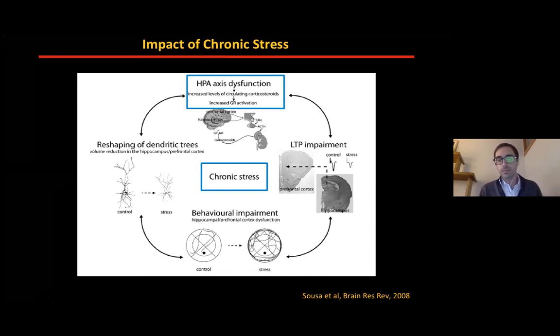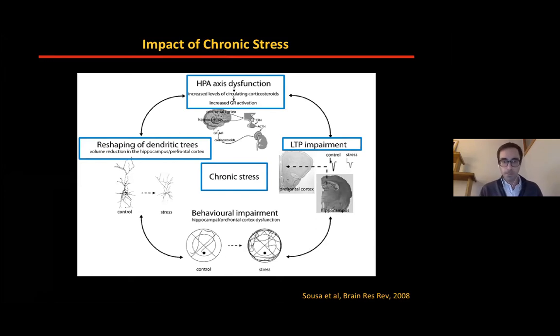The main stress hormone is cortisol in humans, and in rodents the equivalent is corticosterone. Another consequence is the reorganization of dendritic trees. Chronic stress also leads to neuroplasticity alterations, for instance in long-term potentiation modulation, and to behavioral alterations, namely memory and learning deficits, but also anxiety-like behaviors.